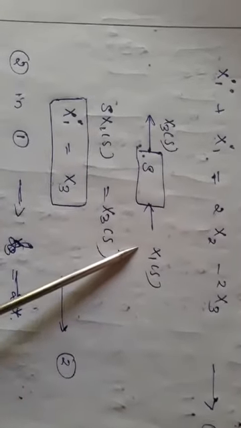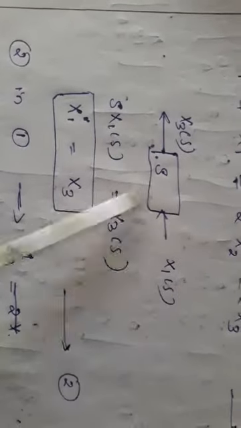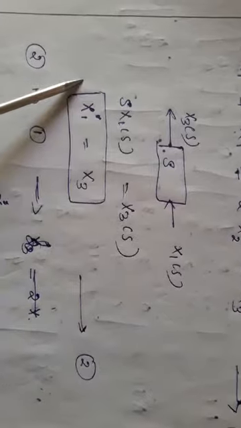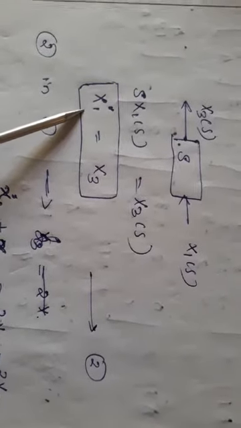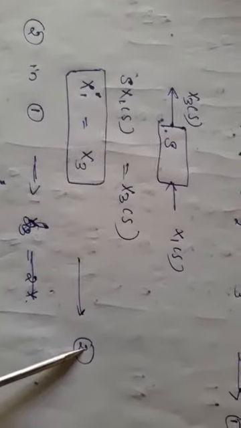Now, taking the second block, its input is x1 of s, its output is x3 of s. Therefore, s into x1 of s equals x3 of s. From here, taking the Laplace inverse, we get x1 dot is equal to x3. This equation is substituted in the previous equation.